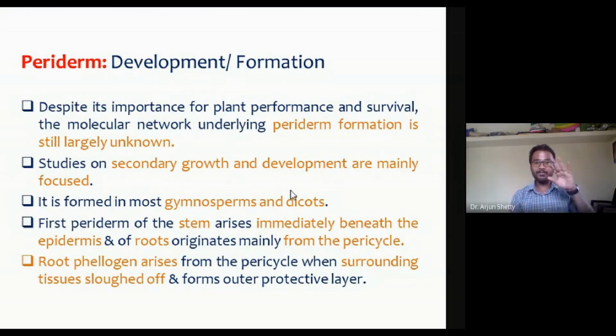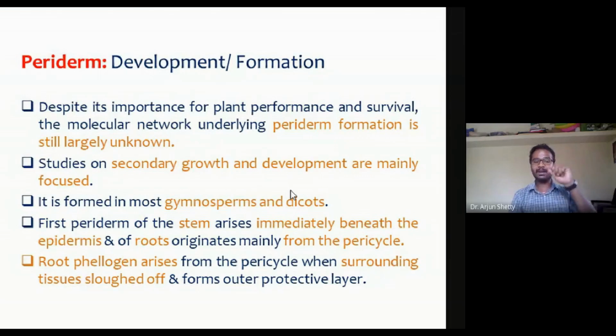Even though we know the importance of the periderm and its performance, the molecular mechanism underlying the formation of the periderm is not yet clearly elucidated by anyone, because we have always focused on understanding the secondary growth formed by the vascular cambium, I mean the secondary xylem as well as the secondary phloem.